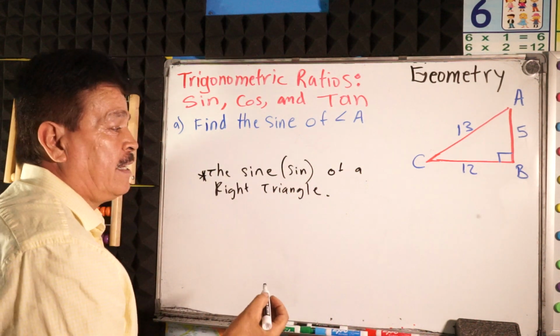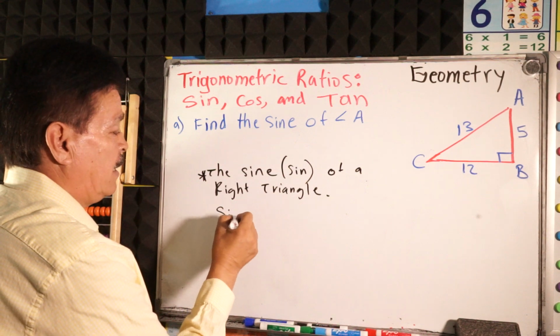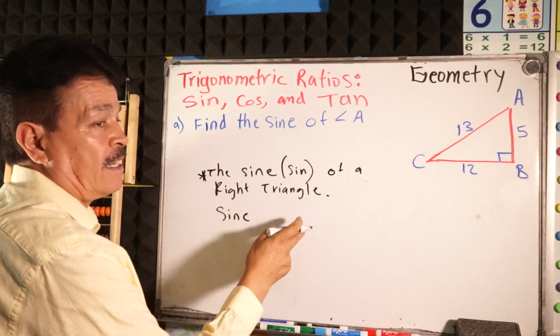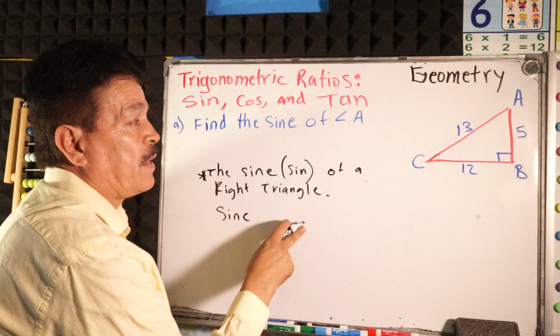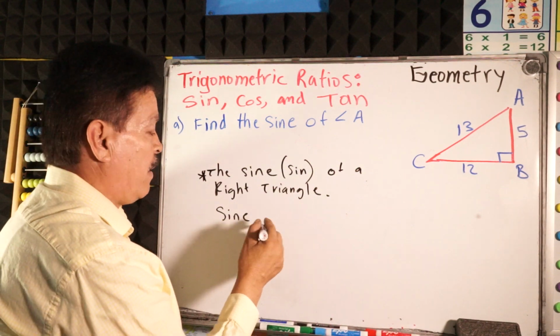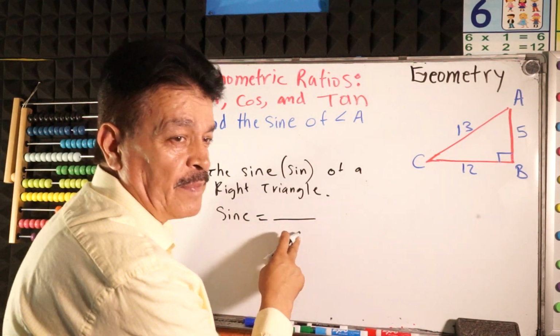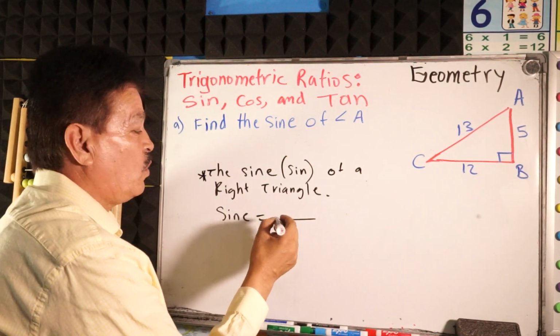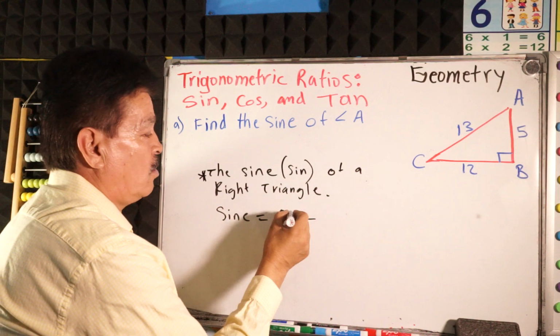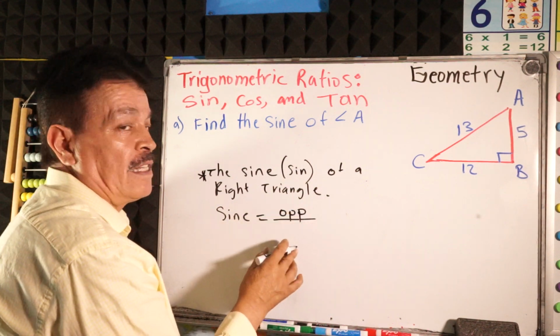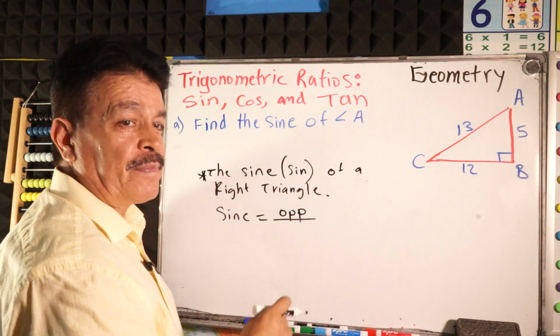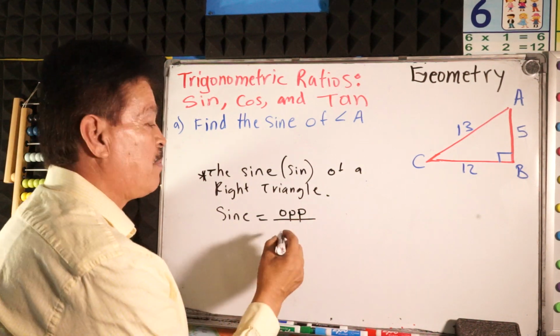The sine is equal to the opposite side divided by the length of the hypotenuse.